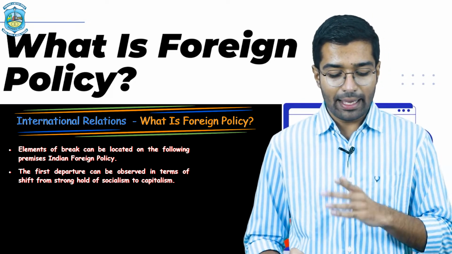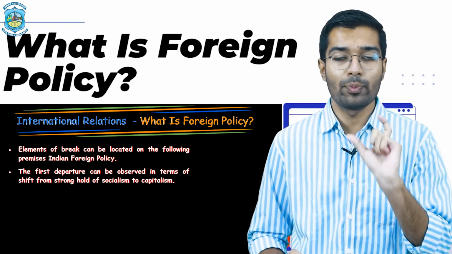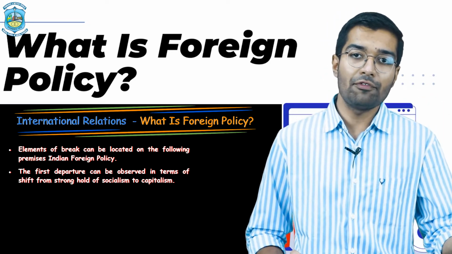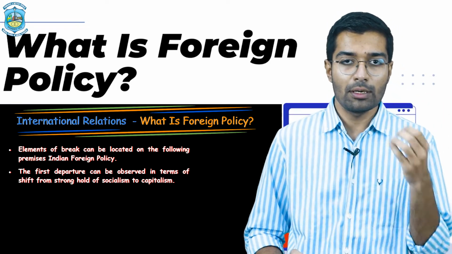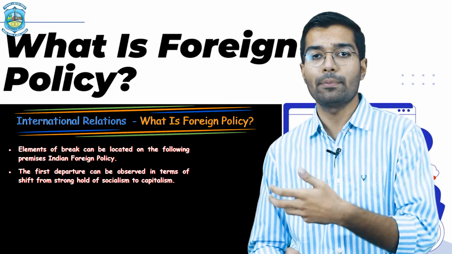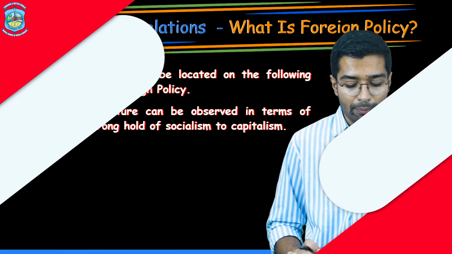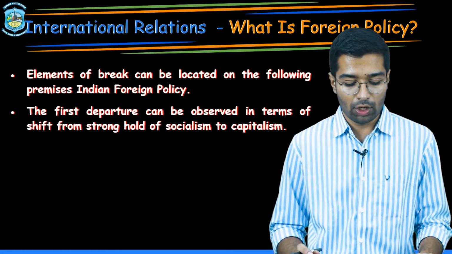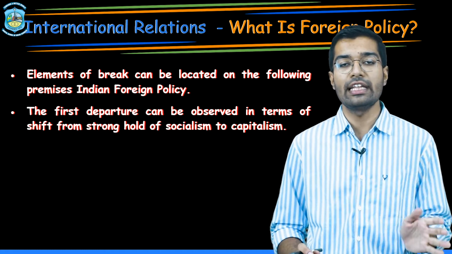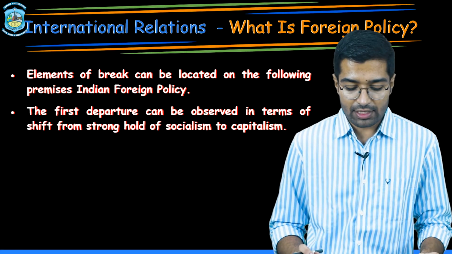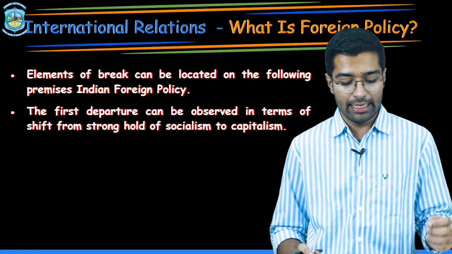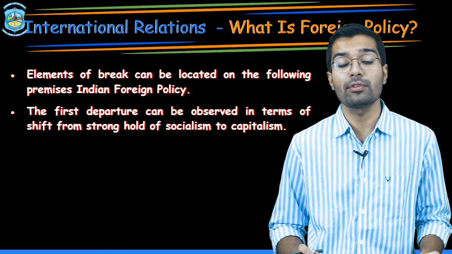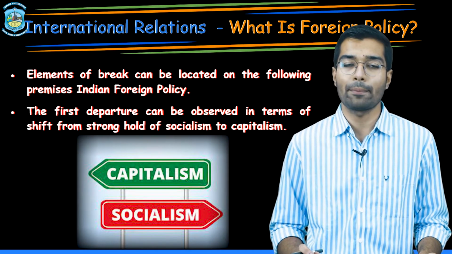Now take some examples of elements of break, where in 1950 we had a different approach, but now we have adopted a completely different approach. Elements of break can be located on the following premises of Indian foreign policy. The first departure can be observed in the shift from the hold of socialism to capitalism.